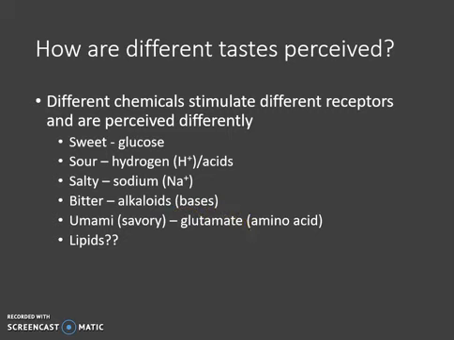Several years ago, they used to add a flavoring called MSG, which was monosodium glutamate. The reason they would add that is because it would increase that savory flavor and make something taste even better. To give you an idea of the umami flavor, think about when you eat a really, really good steak. That's kind of the umami flavor.